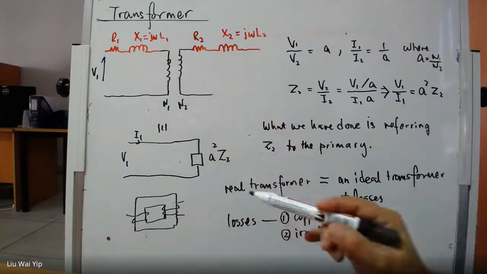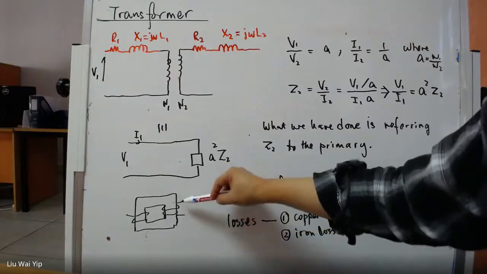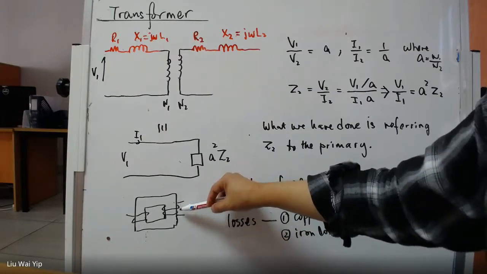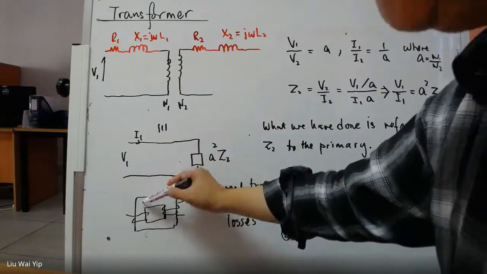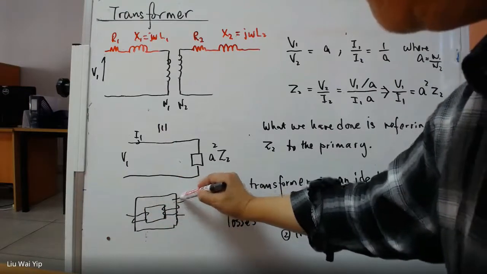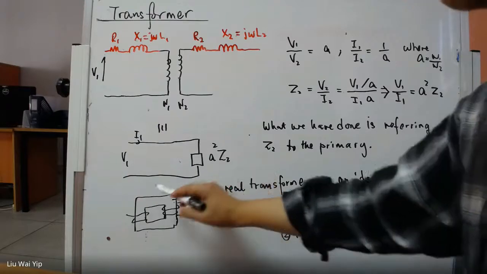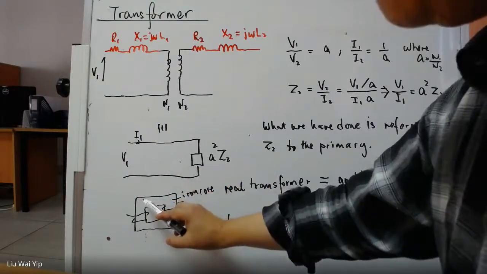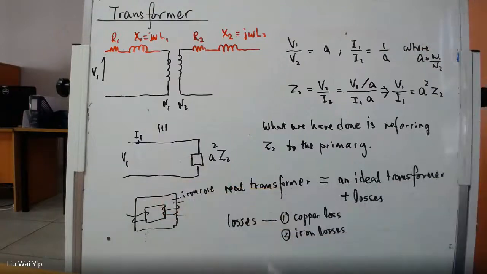So this is the transformer, and in addition to the resistance in the copper winding, you also experience some loss here. This loss will happen in the iron core only, and the loss will dissipate as heat.